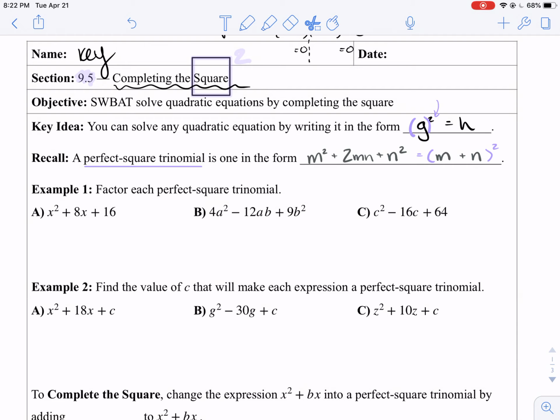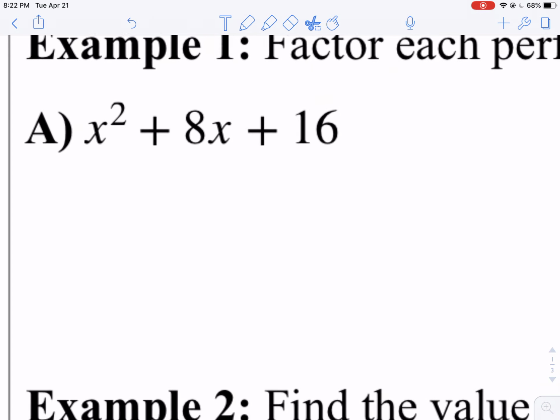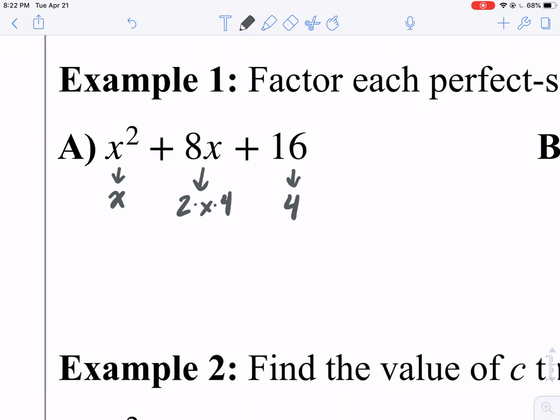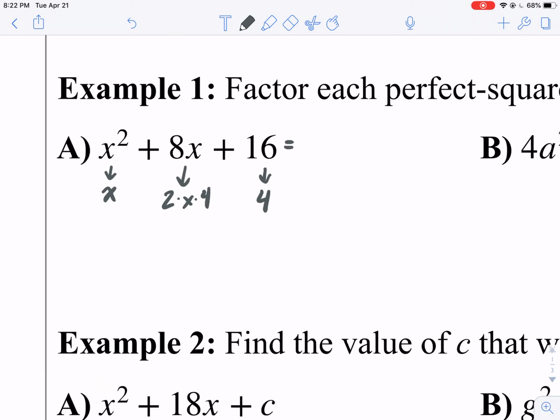First, let's factor each perfect square trinomial. Here in example 1, we have x squared plus 8x plus 16. I know this is a perfect square because the square root of x squared is x, the square root of 16 is 4, and 8x is equal to 2 times x times 4. Therefore, I can use our perfect square shortcut.